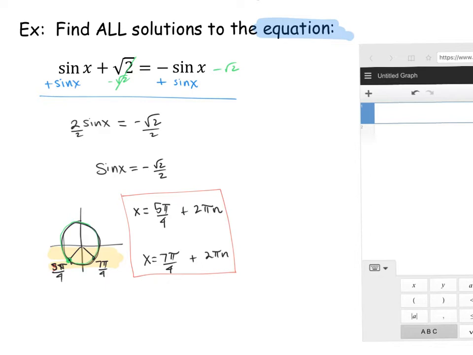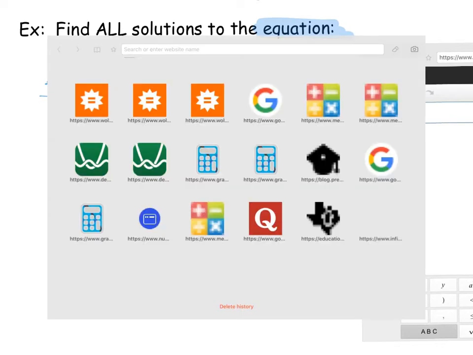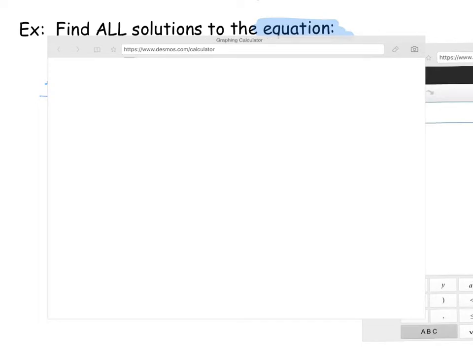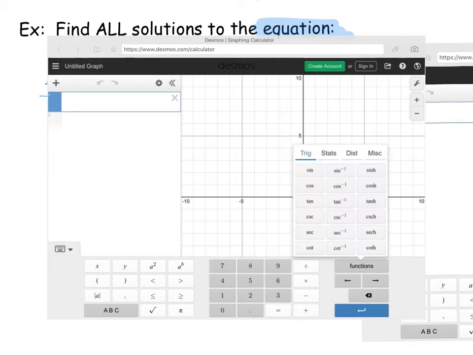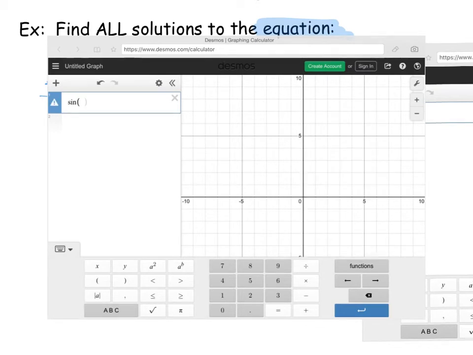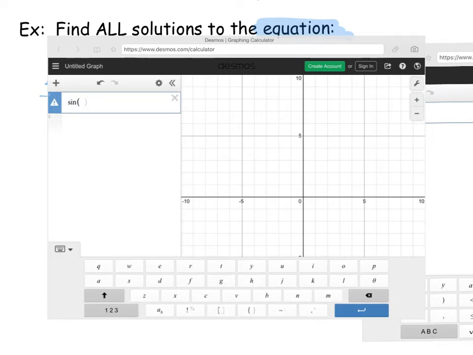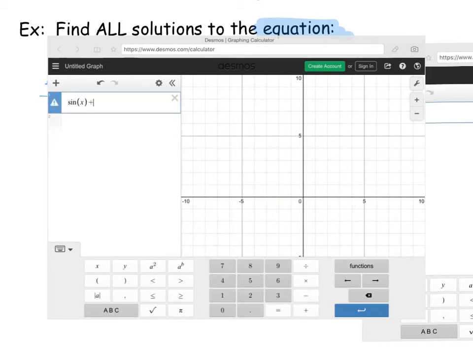All right, so let's go ahead and go into Desmos and graph. Okay, so if we have the sine of x, and then we have plus square root of 2.